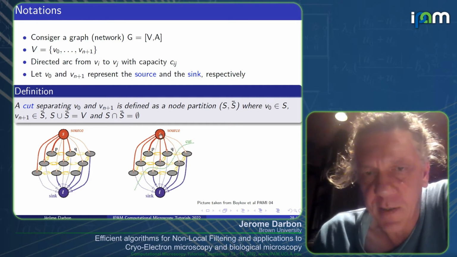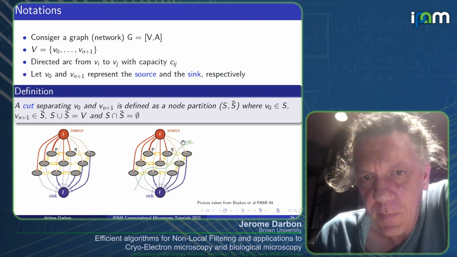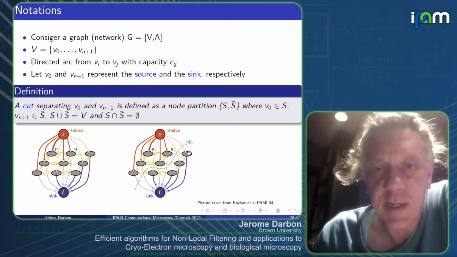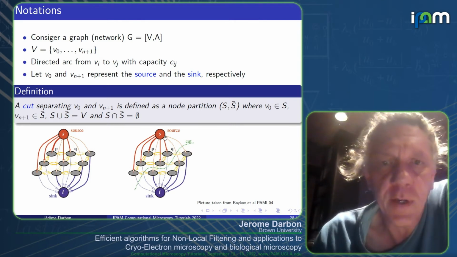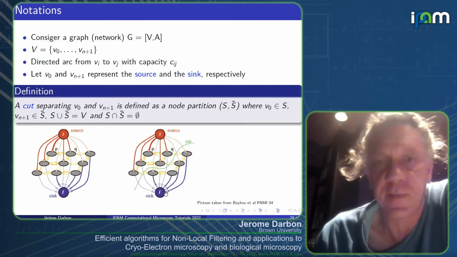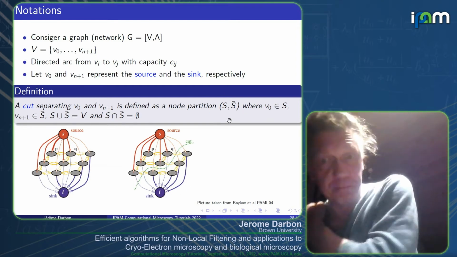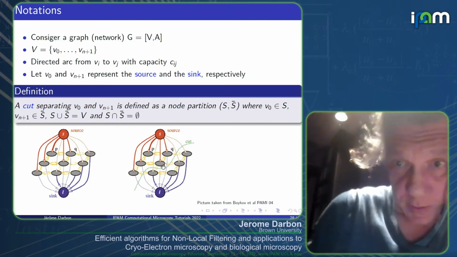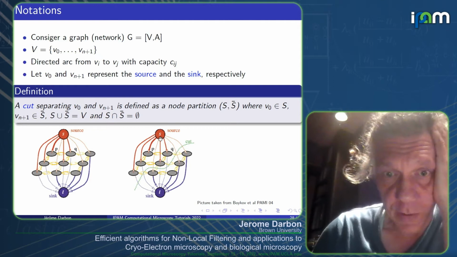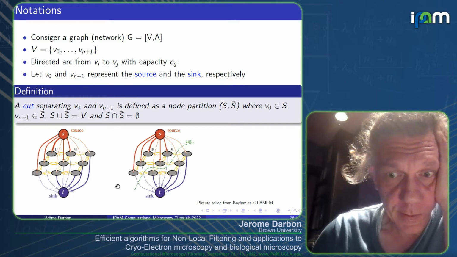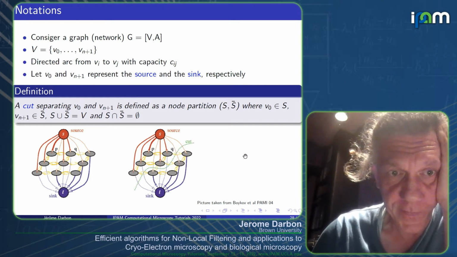The node P is again connected to the source, same for Q. And here, I show you a node that is connected only to T. So a cut means that you remove edges so that after you remove the edges, each node is connected either to the source or to the sink. In other words, what you are looking for is a partition of the nodes so that we assign each node to the source or to the sink. And this is what a cut in a graph means.